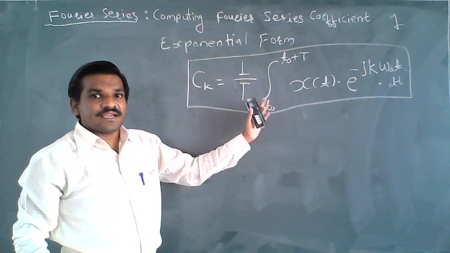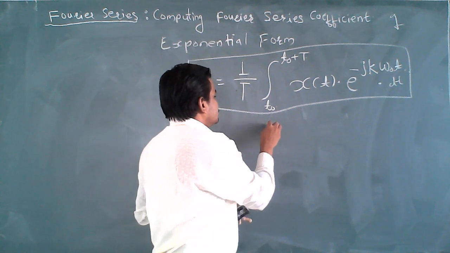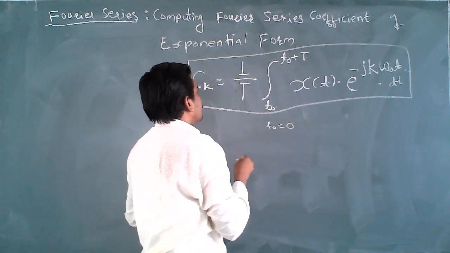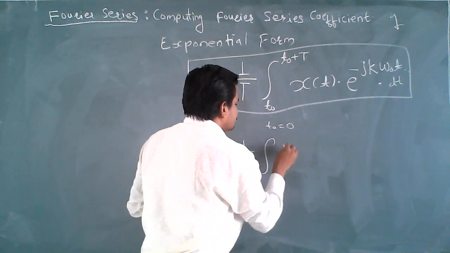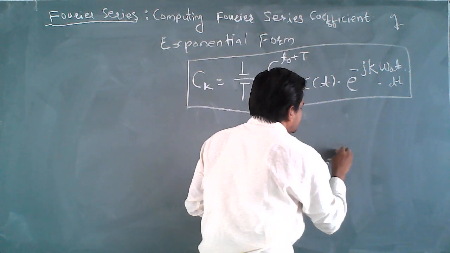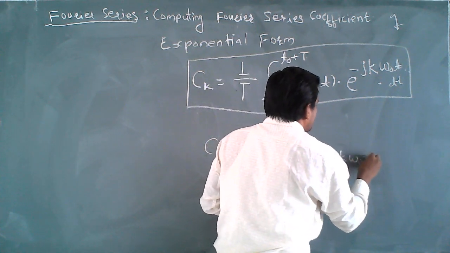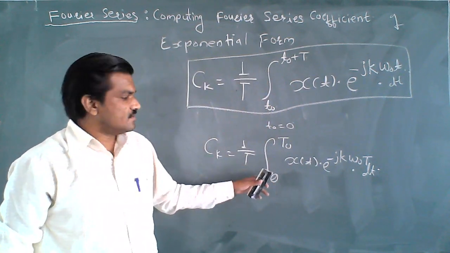This integration can be taken, in some books you can find that t0 is equal to 0, so Ck becomes 1 by T, integration from 0 to capital T x of t e to the power minus j k omega 0 t into dt.